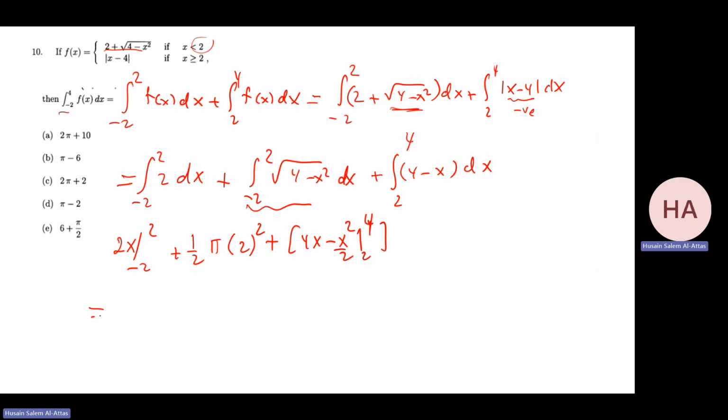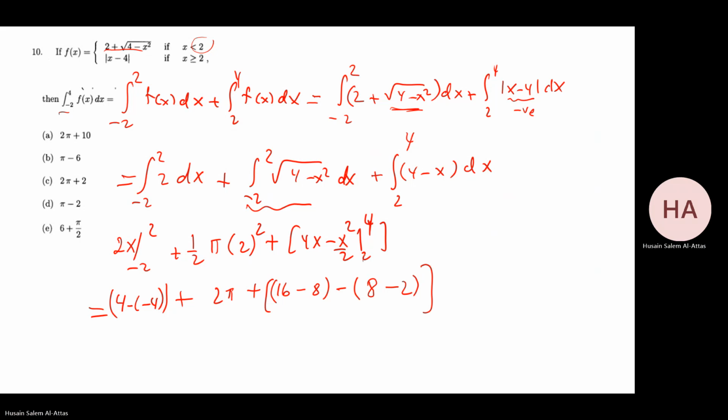Now we need to do the calculation. This is 2 pi. Plus, so this is what? 4 minus 4. This one is 16 minus 8 minus, this is what? 16 minus 8 minus 8 minus 2.